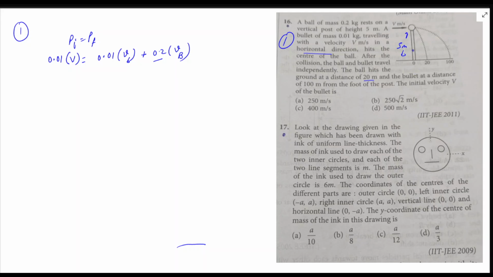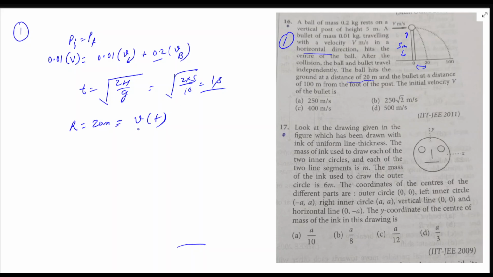They don't have vertical velocity, so let us find the time when they hit the ground. It will be root of 2h by g, so root of 2 into 5 by 10. This will be 1 second. So after 1 second, they will hit the ground. Now, let's first find what distance the ball is traveling. The ball is traveling 20 meters, so the range of 20 meters equals velocity times time.